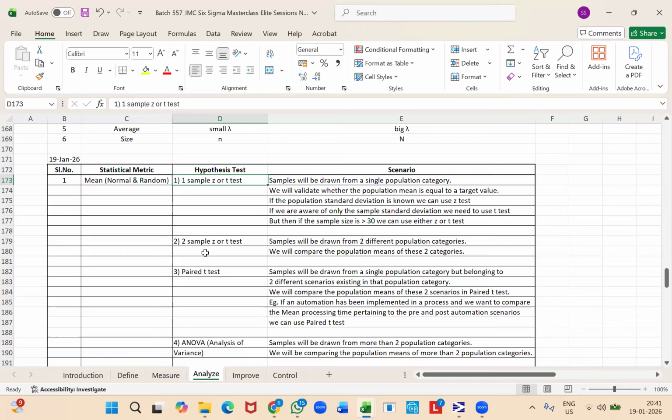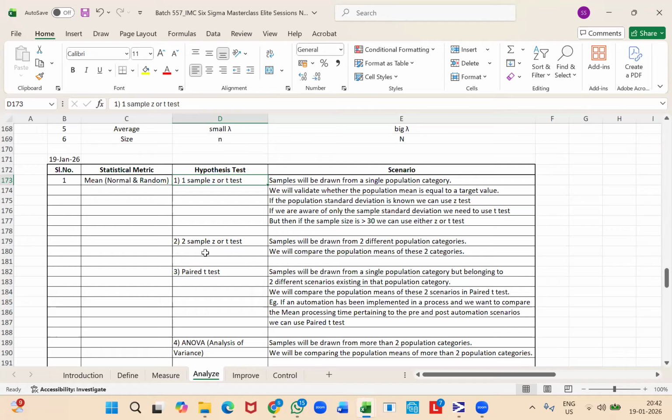So this is the scenario for which we will apply one sample mean test.